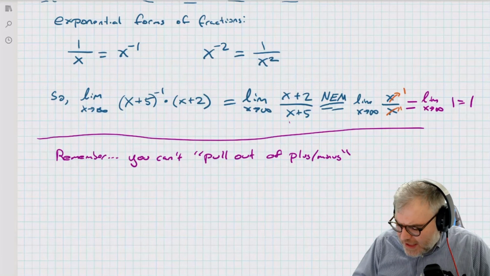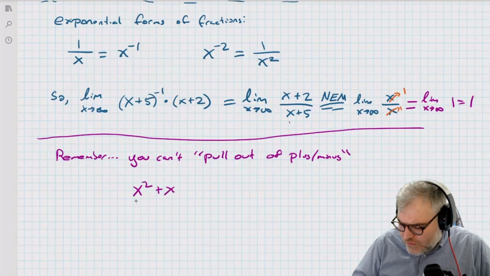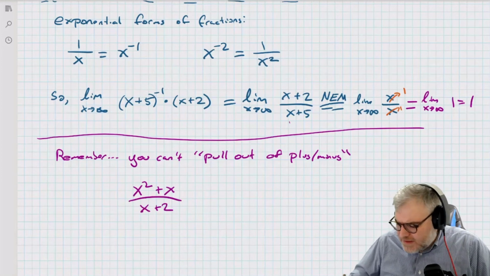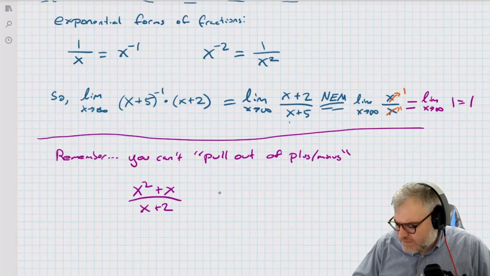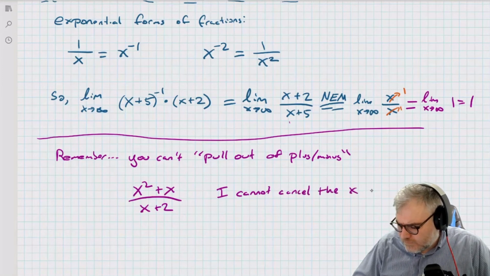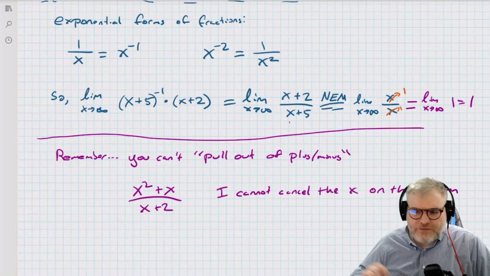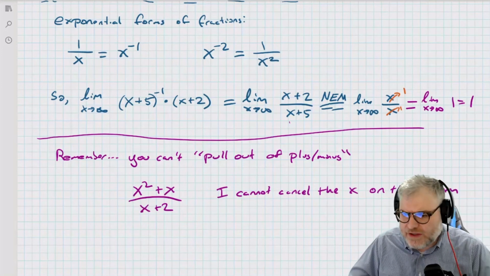So let's say I've got x squared plus x over x plus 2. Okay? I cannot cancel this x with that x, right? So I can't simplify this by canceling the x. There's no simplification to do here. 1 to 5, how do we feel about that?